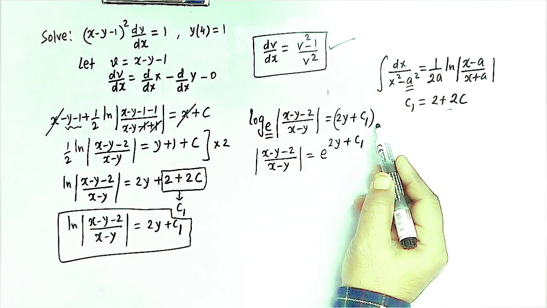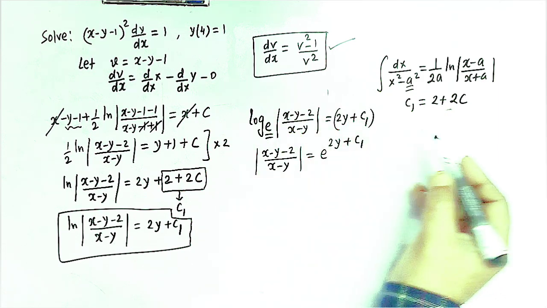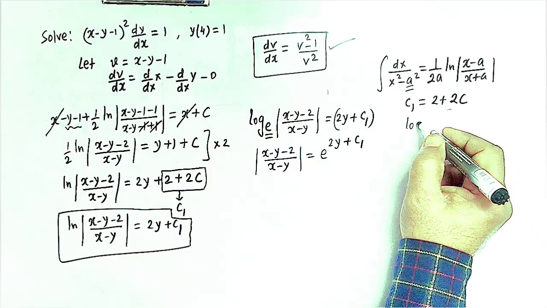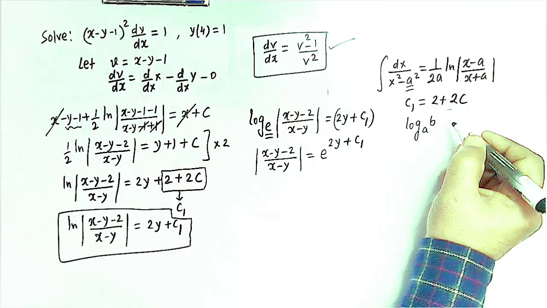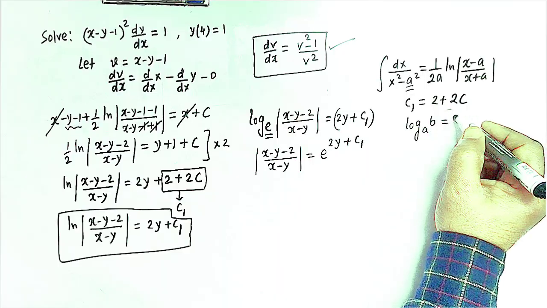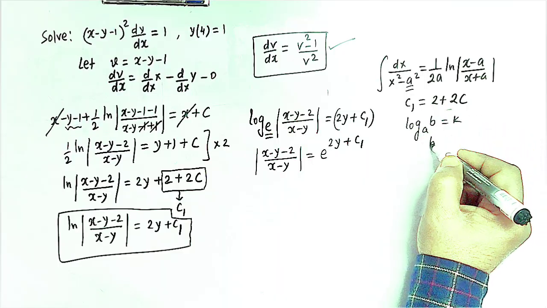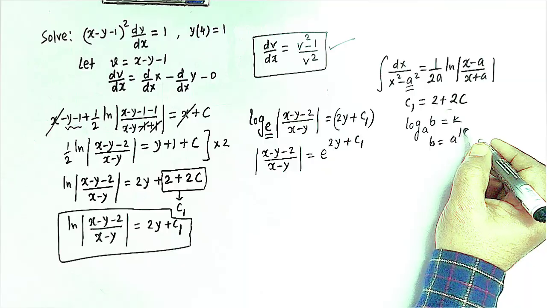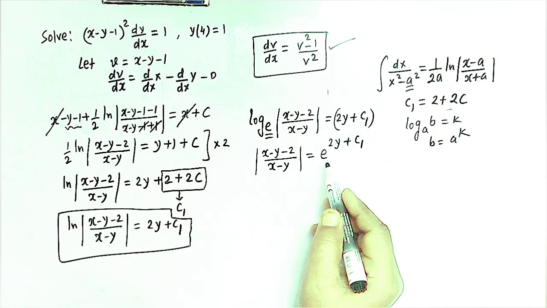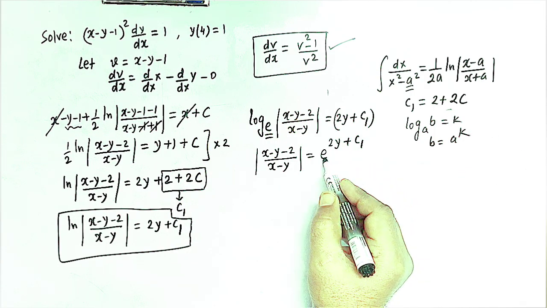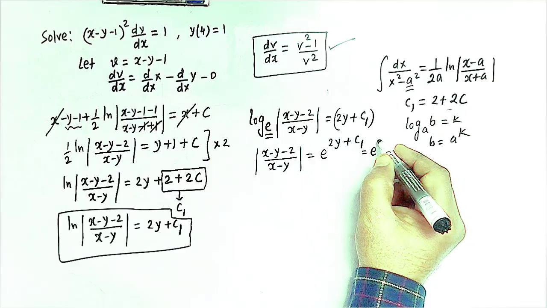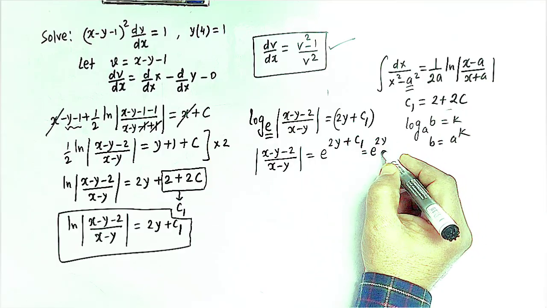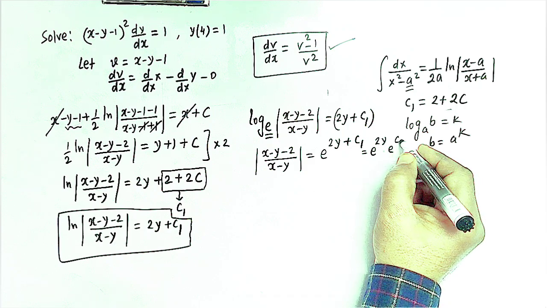So here we can make use of this definition of logarithm, that is, if logarithm of b to the base a is say k, then b can be written as a raised to k. So now here we have e raised to 2y plus c1. So we can also write it like this: e raised to 2y times e raised to c1.